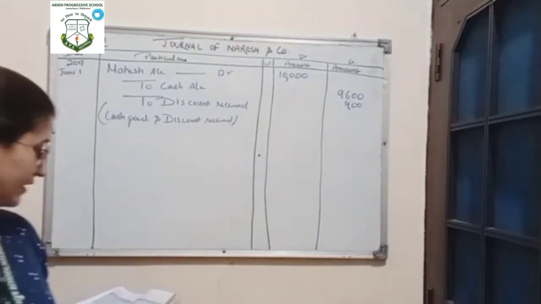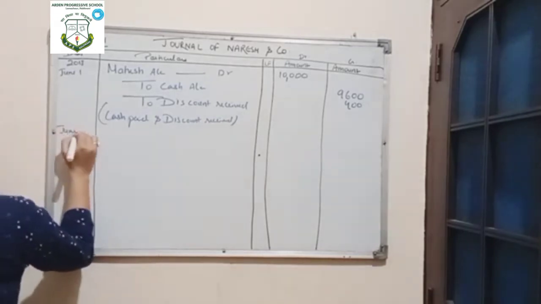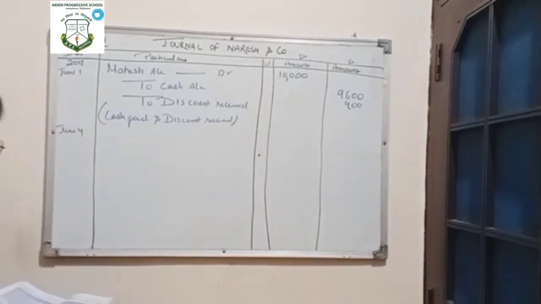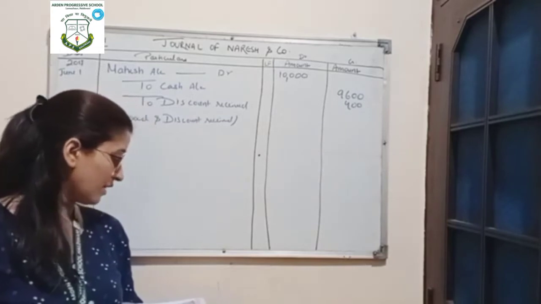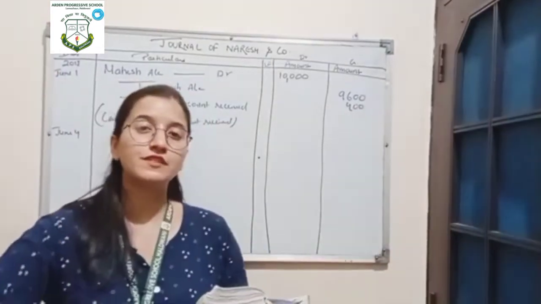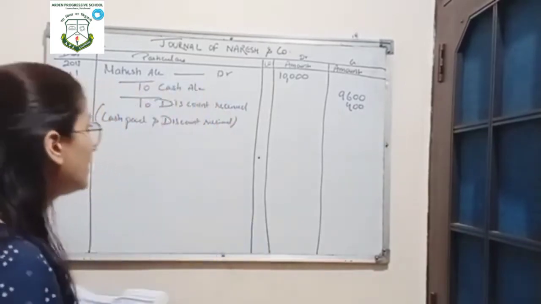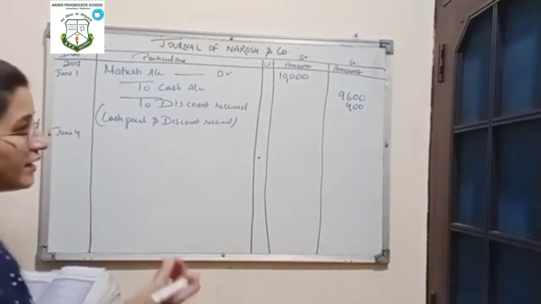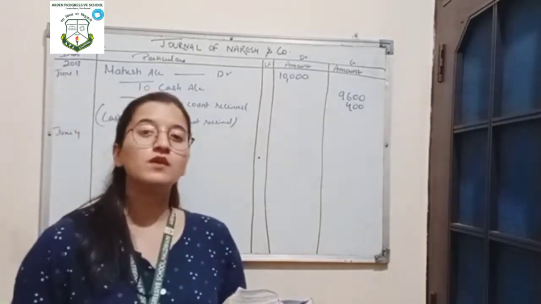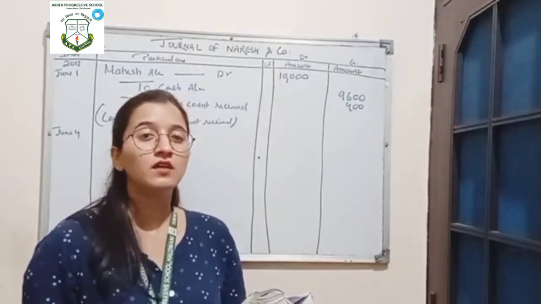Now, next transaction is on 4th June and the transaction is received cash from Arun and discount allowed to him. Now here we have received cash from Arun and we are allowing some discount to him. So here discount allowed is an expense because discount is allowed by the seller to the buyer.